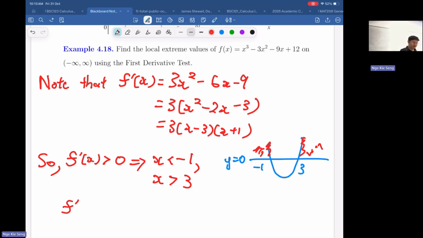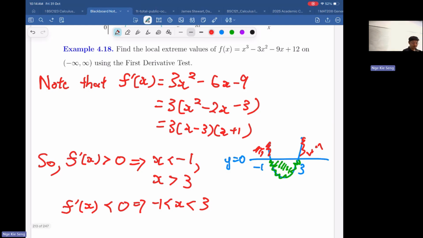How about all the f prime x that are less than 0? These are all the points here, from -1 all the way to 3. Is it okay?